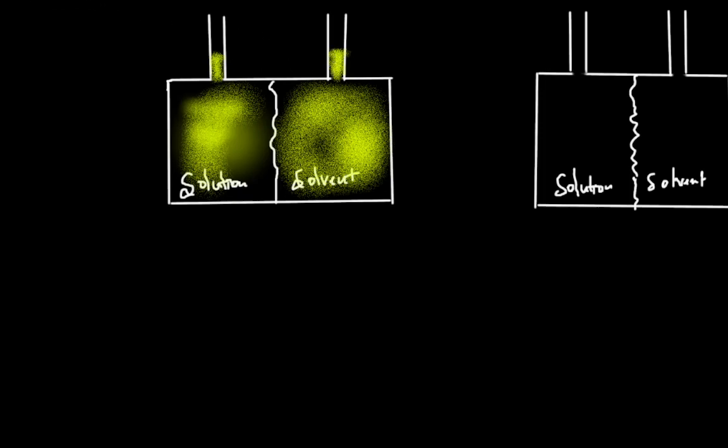Now because of osmosis, there is a flow of solvent molecules from pure solvent into the solution, so the solvent level will decrease here and increase here, to a new level.